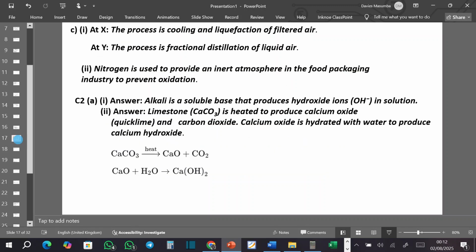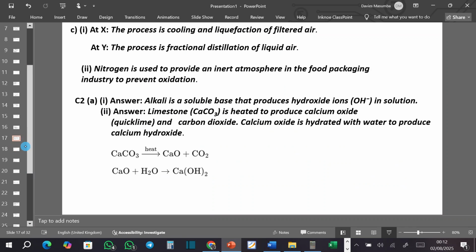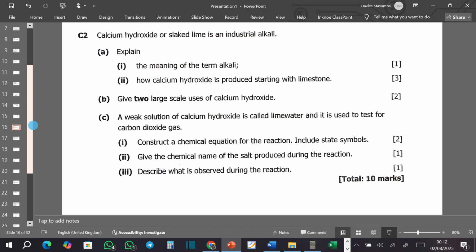So in answering, you should know that an alkali is a soluble base that produces hydroxide ions in solution. That's what an alkali is. It's a soluble base that produces hydroxide ions, these ones here, in a solution.